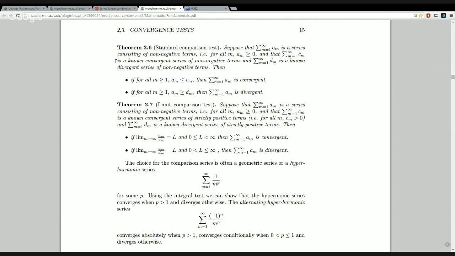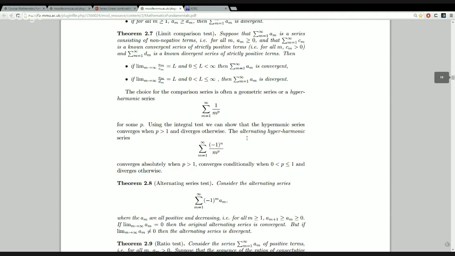If the series you're looking at has a certain relation to the one you know about, which the tests describe, then you might be able to conclude that the series in question also converges, or perhaps also diverges. So you compare a given series to one with known behavior, and that allows you to draw conclusions about the behavior of the series in question.